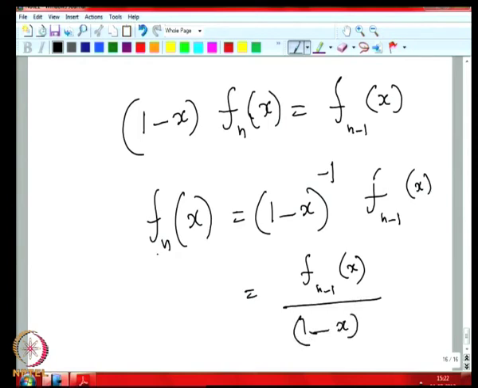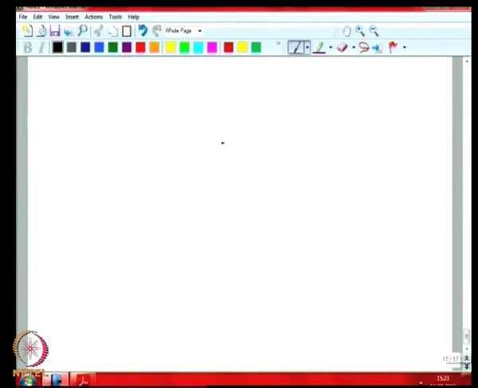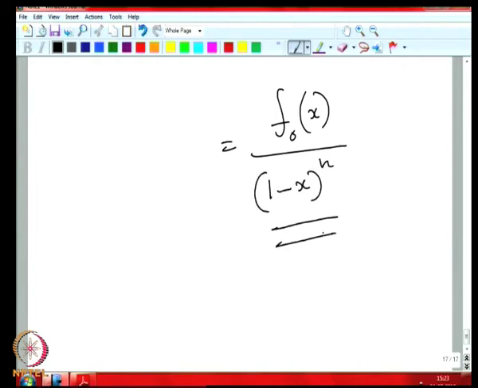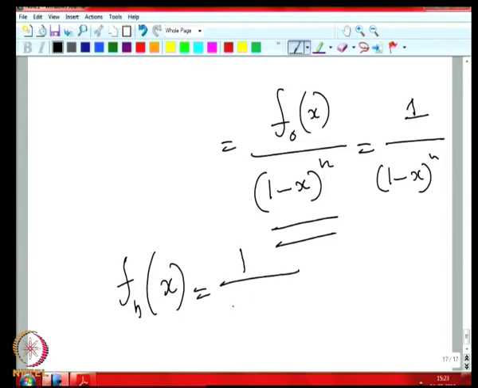Now, you see, you keep unrolling it, f n of x is equal to f n minus 1 of x by 1 minus x, is equal to f n minus 2 of x by 1 minus x squared and so on. Now, when it goes to 0, this will become f 0 of x, that means n times we have done it. But then this f 0 of x is just 1, as we have seen, so we get f n of x is equal to 1 by 1 minus x whole raised to n. So, this is the generating function.